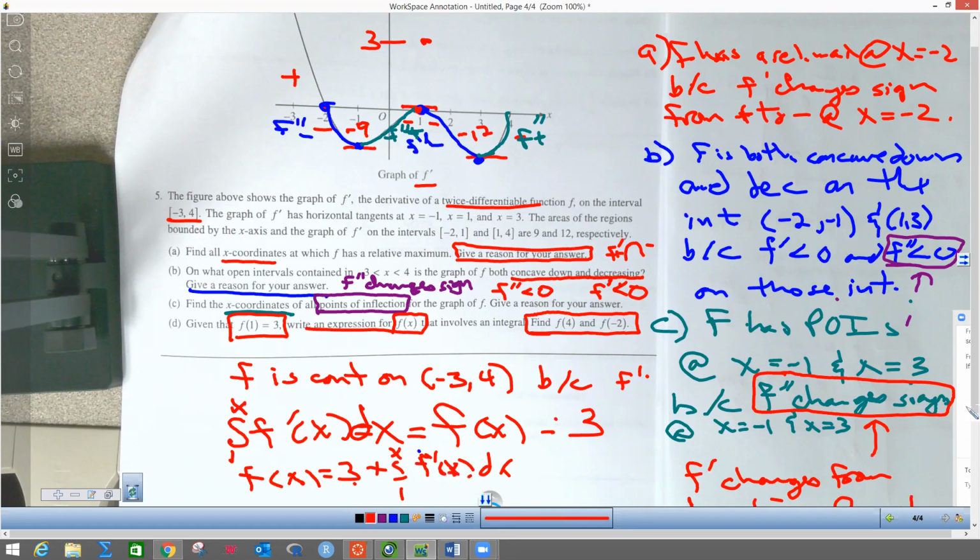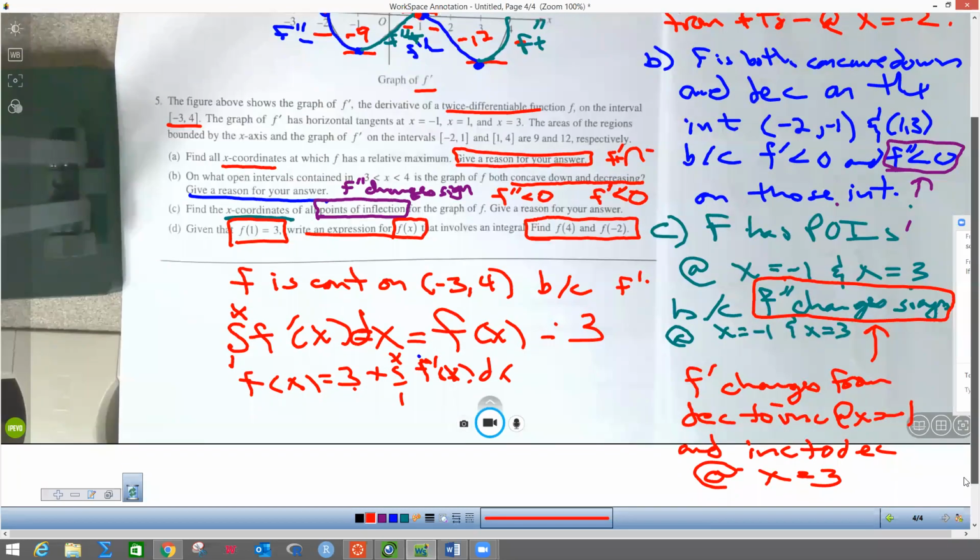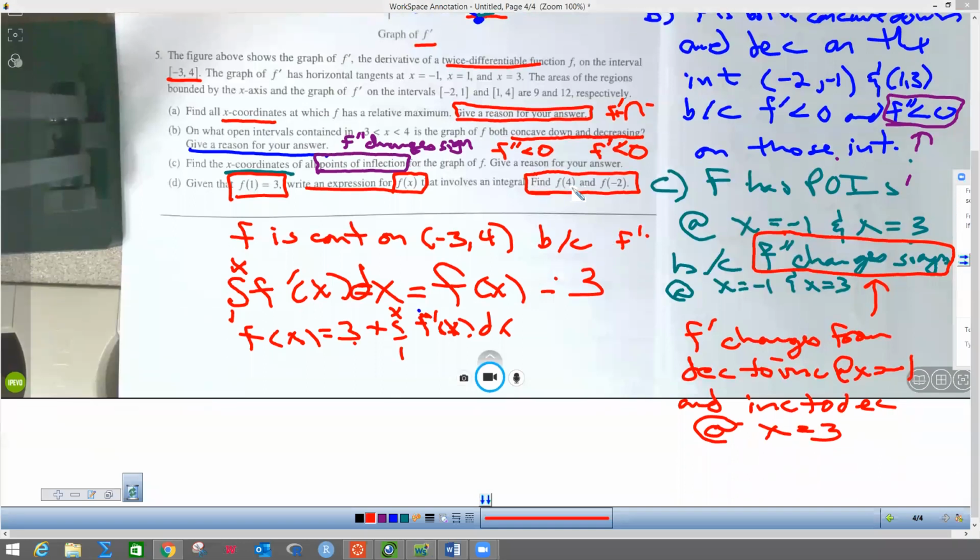Okay, so now I'm going to actually find f of 4. All I'm going to do is take this thing I just did, and f of 4 is going to equal 3 plus the integral from 1 to 4 of f prime of x dx. Let's see, this is non-calculator, isn't it?